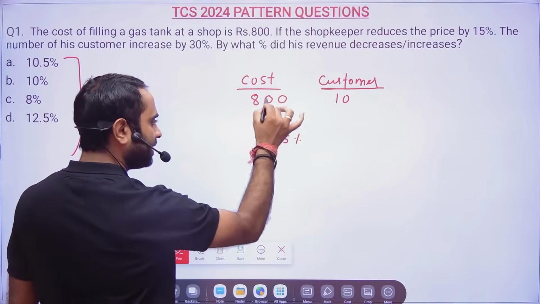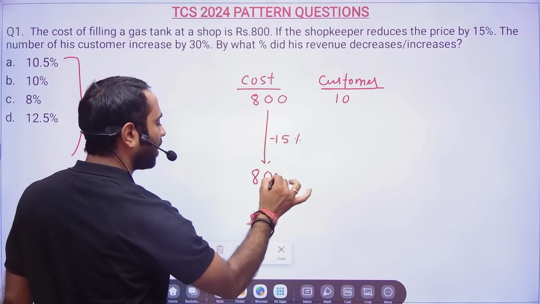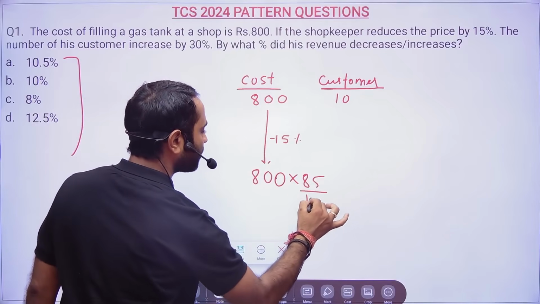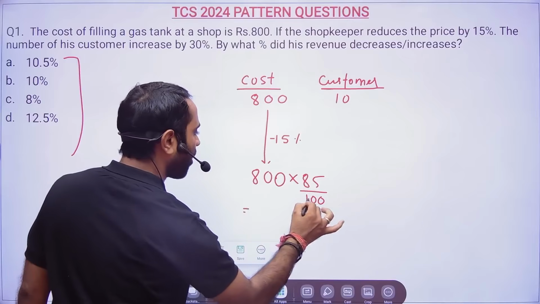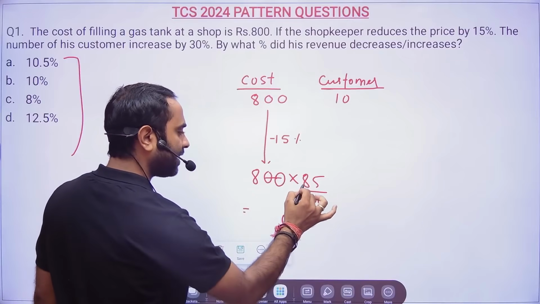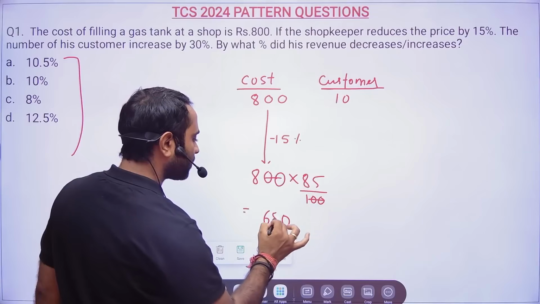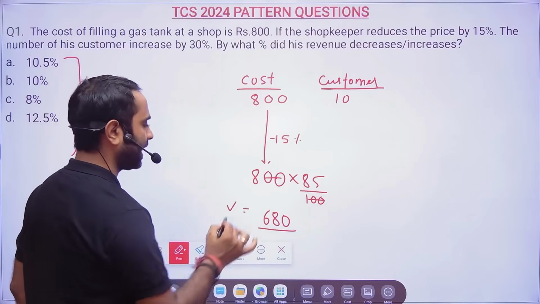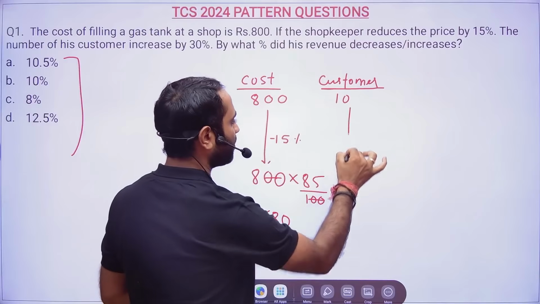That means now you have to pay only 85% of that price. So the price will become how much now? 8 5s are 40 and 8 8s are 64 plus 4 is 680, right? So the cost is now 680. Customers I have assumed here 10.